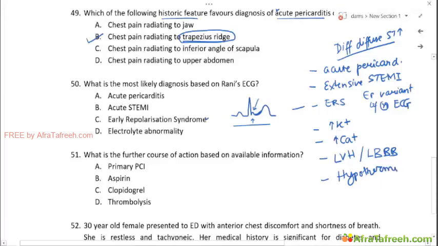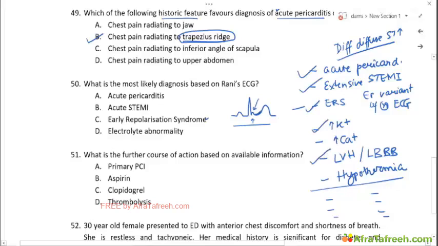Hypothermia, right? These are some of the things which are commonly seen. There are multiple other causes, probably 5-10 other causes which can cause diffuse ST elevations in the ECG, but these are very, very common ones which we usually see in the emergency, of which acute pericarditis, extensive STEMI, ERS, hyperkalemia, LBBB. These are the common differentials which are normally encountered on an emergency ECG.